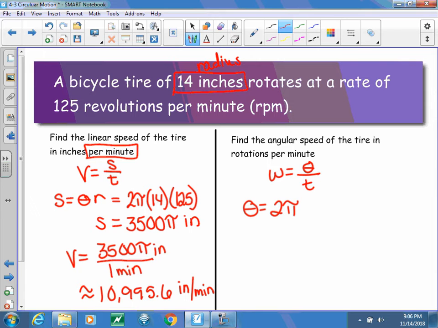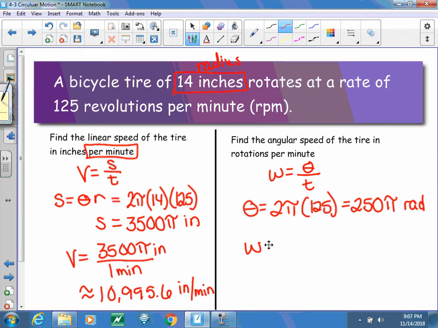So if you think about it, you're taking 360 degrees and multiplying that by 125. So we're going to take 2 pi radians and multiply that by 125. That ends up giving us 250 pi radians as far as our angle.